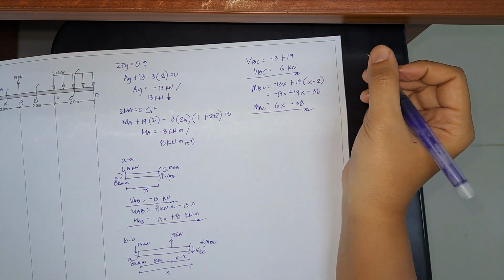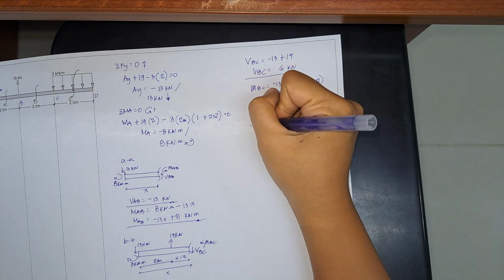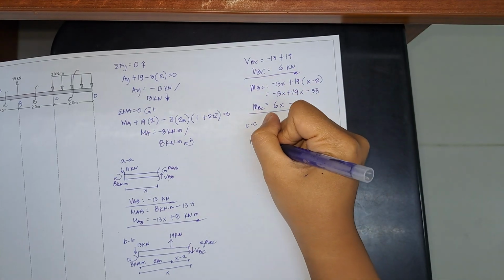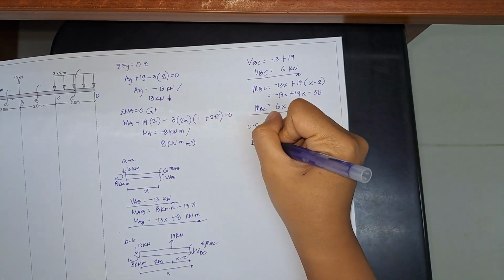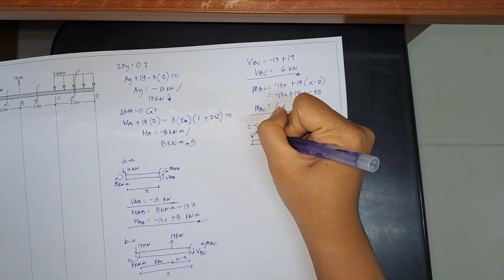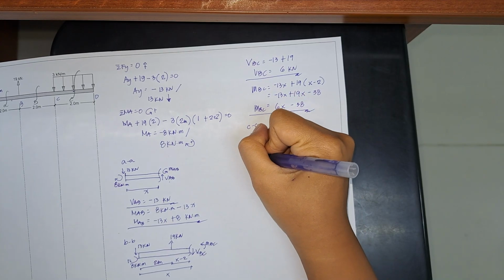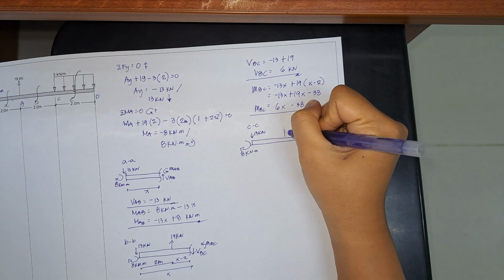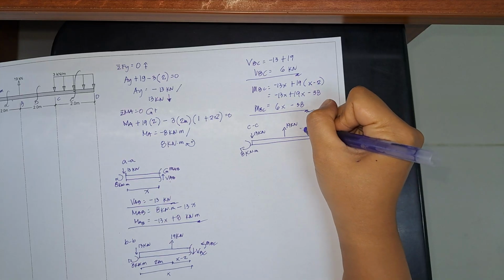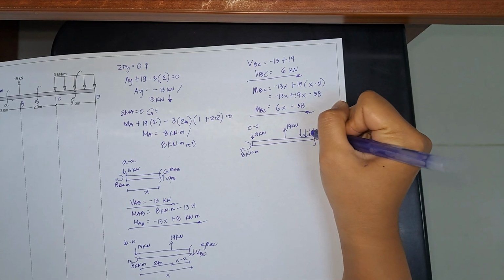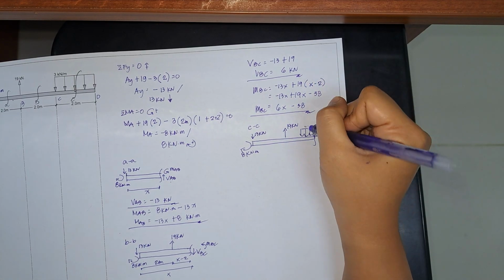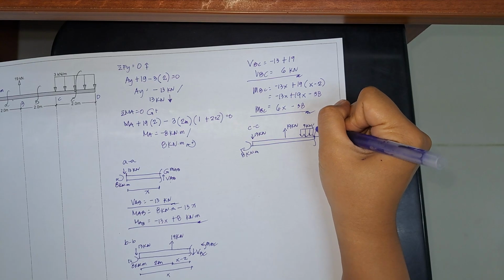And then for segment CD, ulitin lang ulit natin. 13 kilonewton, moment, 19. And then we have here a uniform distributed load hanggang dun sa dulo of 3 kilonewton per meter.